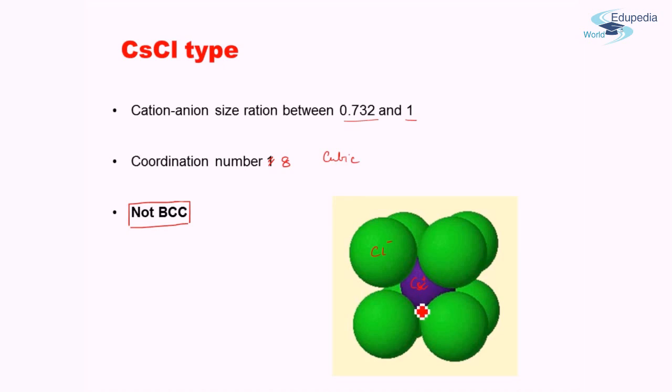But this can be extrapolated in the 3 dimensions, and what we can see is if a cesium is here, there will be a cesium here, here, and here. So alternatively, the chlorine is also actually surrounded by 8 cesium atoms. So it's just a perspective of visualizing the structure.